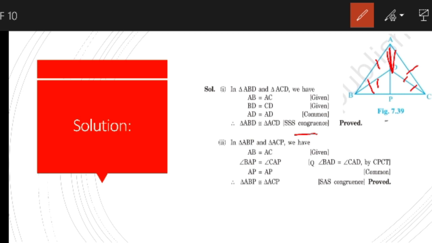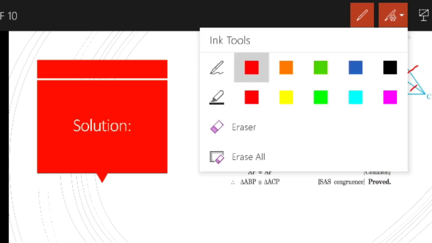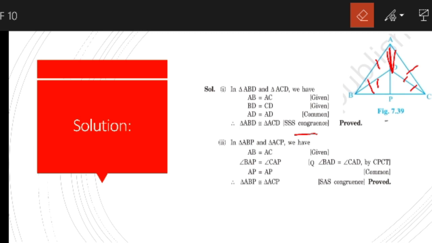This is the first solution. The second solution, we have to show that triangle ABP and triangle ACP are congruent triangles. So when the triangles ABD and ACD are equal, so I'm removing all the lines first.